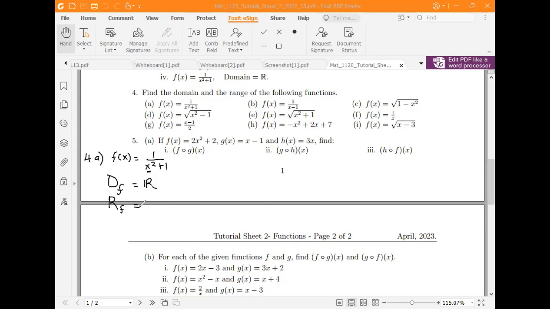The range of f is the set of possible outcomes. Which numbers are we able to get after using which values of x? We have said we can use any value of x. Can we still get any value of y?